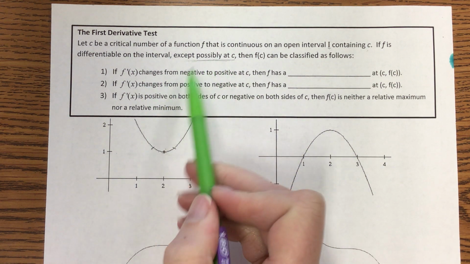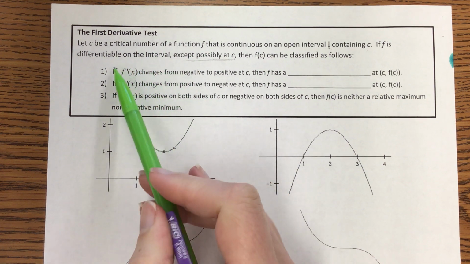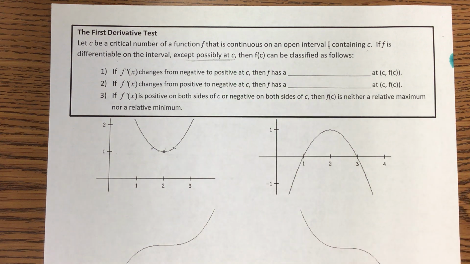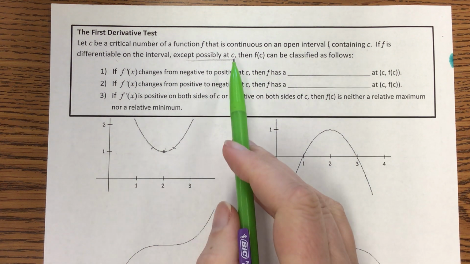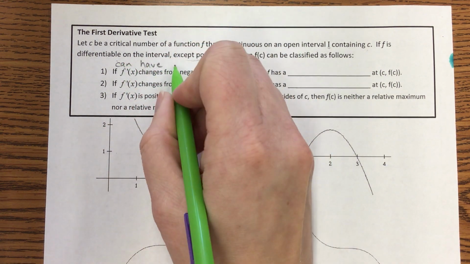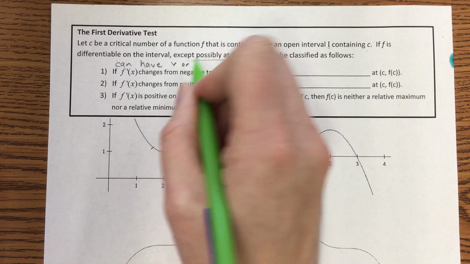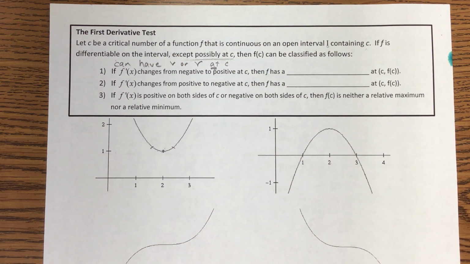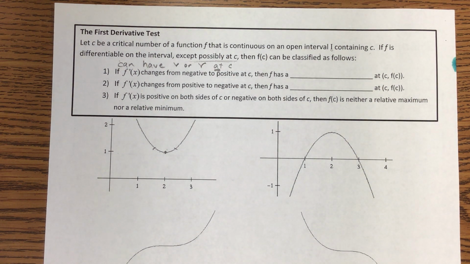Except possibly at c means that it's possible for us to have a non-differentiable function at that very specific x value. So we can have a corner or a cusp specifically at c. I'm just going to draw them, corner or cusp at c, but not at any other spots.